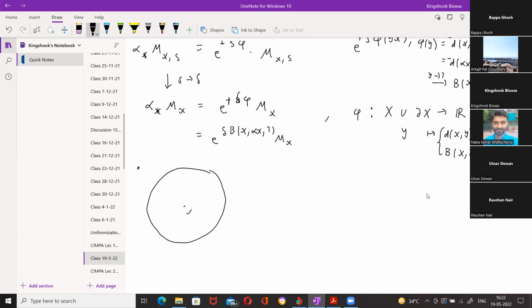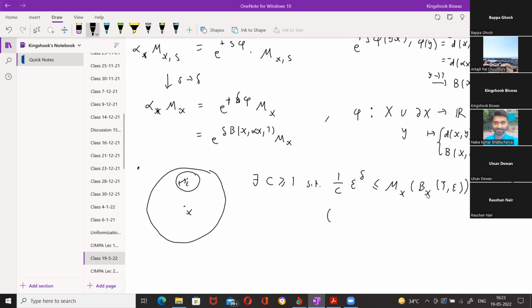So I have my x, and on the boundary, if I take a ball of radius epsilon, then for epsilon small, there exists a constant bigger than 1 such that mu x of the ball with respect to the visual metric b x xi epsilon is less than a constant epsilon to the power delta and bigger than 1 over a constant epsilon to the delta.